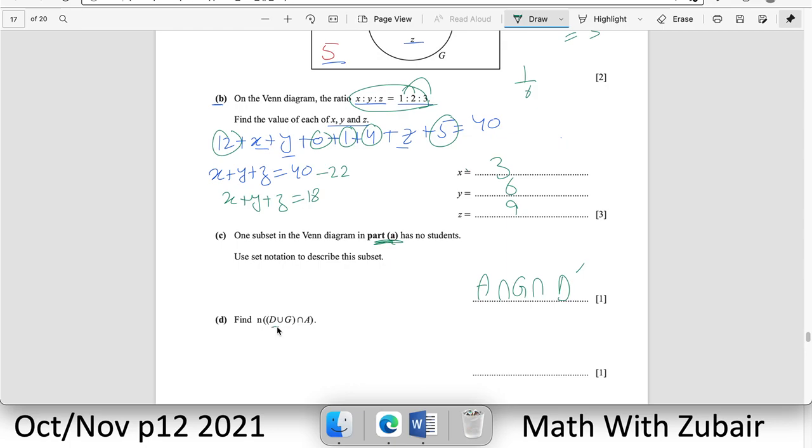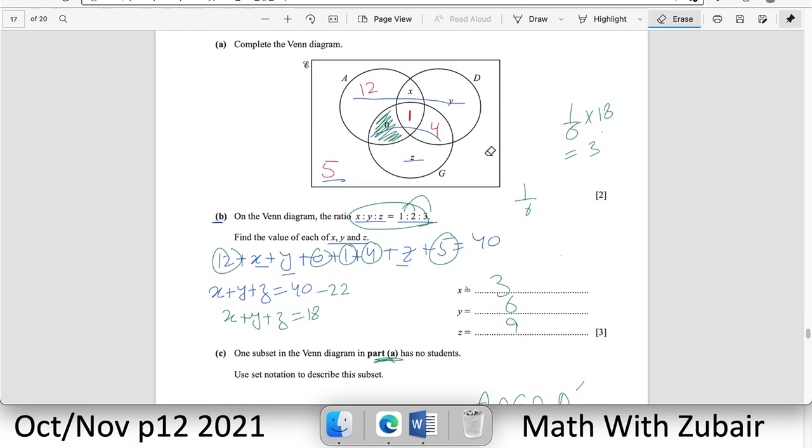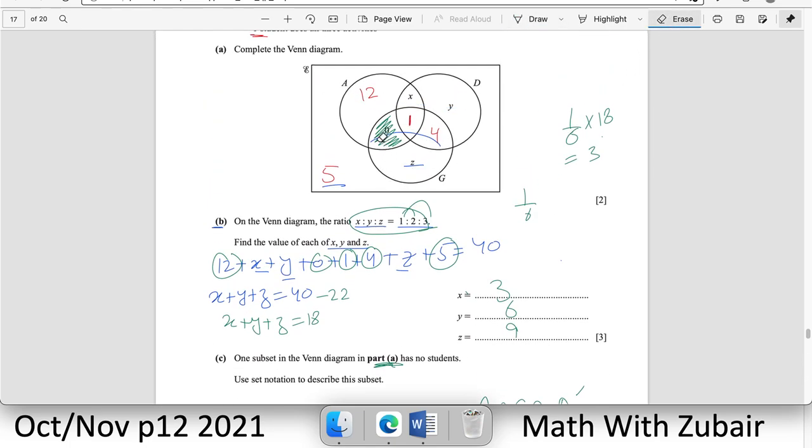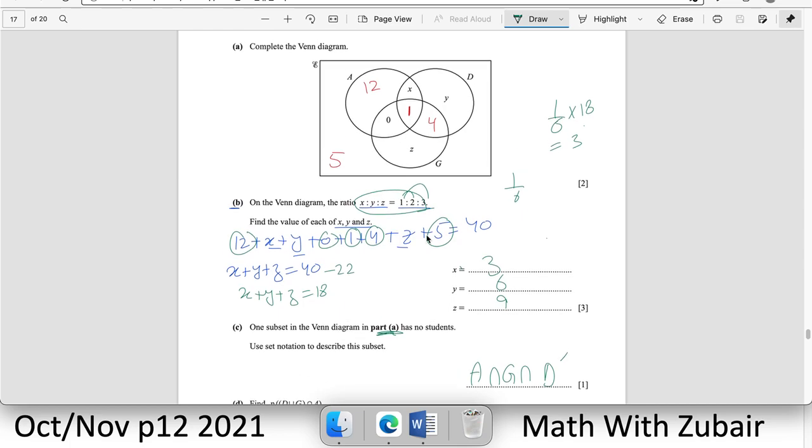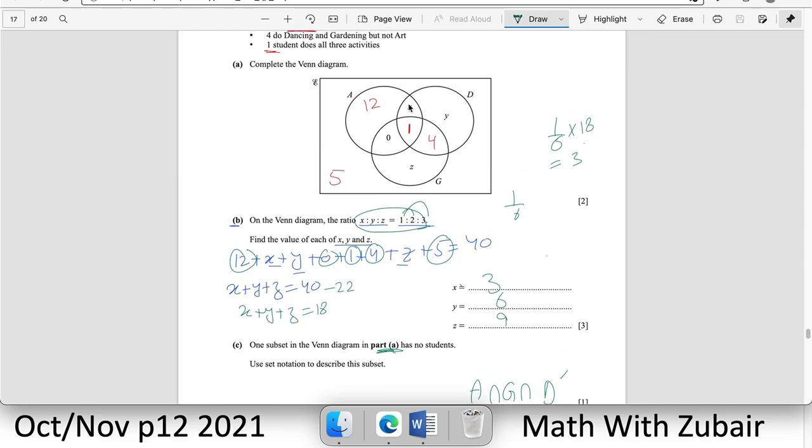Find n of (D union G) and then having an intersection with A. The notation was D union G, which would mean all of these.